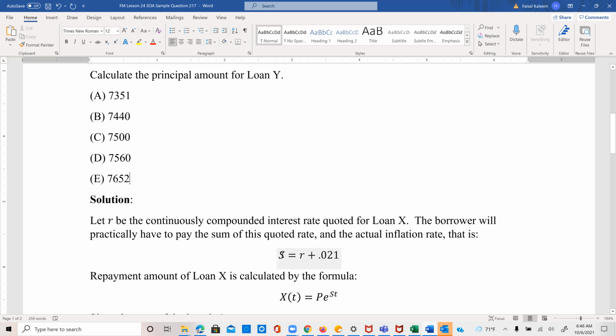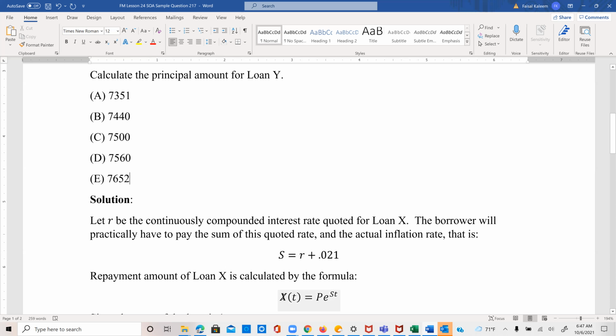So if S is the actual practical rate which the borrower will have to pay, then that's equal to the quoted rate by the bank plus the extra inflation rate. So therefore, we know that for continuous compounding, the amount function is P e^(rt).